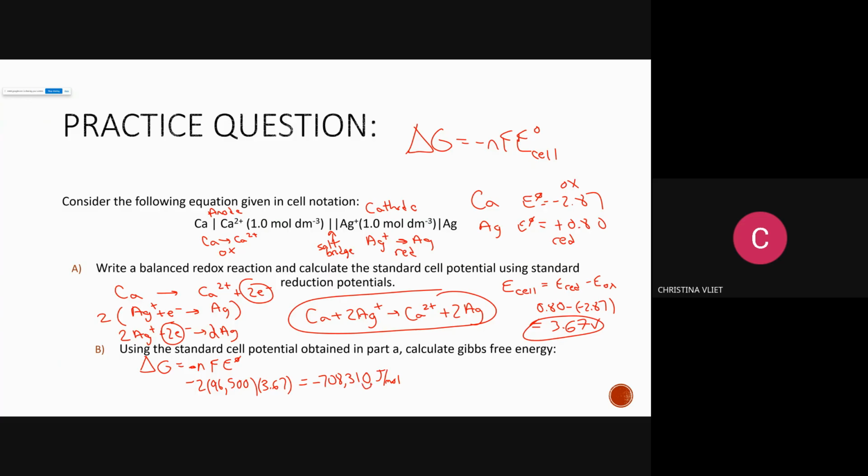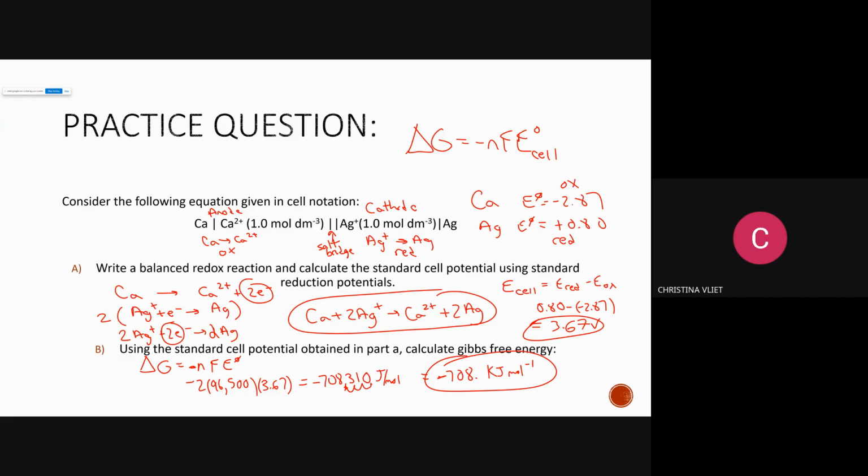Move the decimal over 1, 2, 3 spots, and it's negative 708. I would just do 3 significant figures and call it kilojoules per mole, kJ mol^-1, as my final answer here. Check to see if that's what you got.